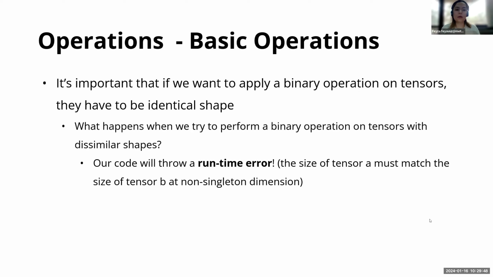But if we have two two-dimensional tensors with different row sizes or different column sizes, we cannot perform any binary operation on tensors with these shapes. Our code will throw a runtime error: the size of tensor A must match the size of tensor B at non-singleton dimension. This is the error that we will see in our Google Colab examples.